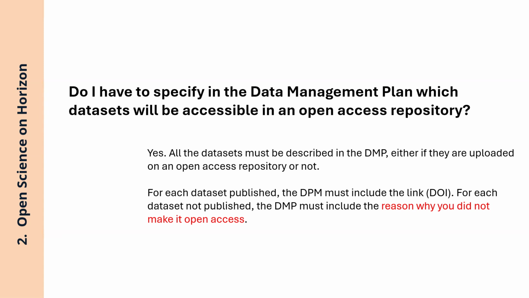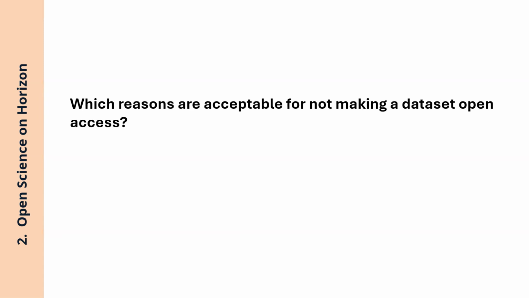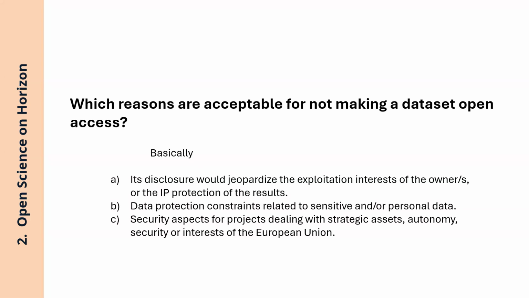And for every data set that you don't publish open access, you have to justify it. You have to say in the data management plan why you did not put it in open access. There are only a set of acceptable reasons, and the European Commission is going to get tough on that in the future.